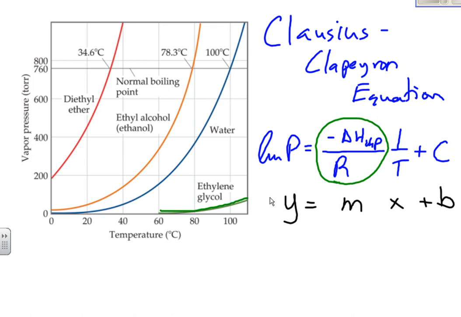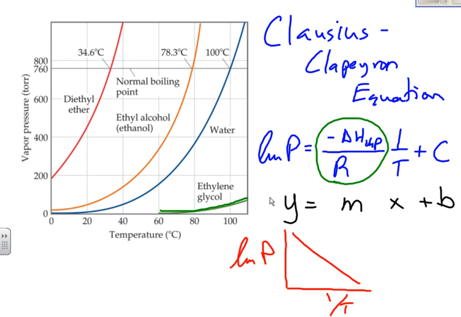So if we do a graph of natural log of that vapor pressure versus 1 over the temperature, and of course temperature here needs to be in Kelvin, we'll get a straight line where the slope of that line is going to be equal to the negative heat of vaporization over R. And so if you take that slope, multiply it by R, and take the negative of it, you get the heat of vaporization.